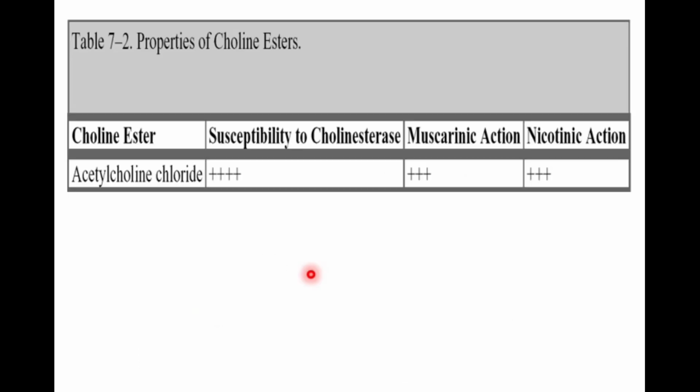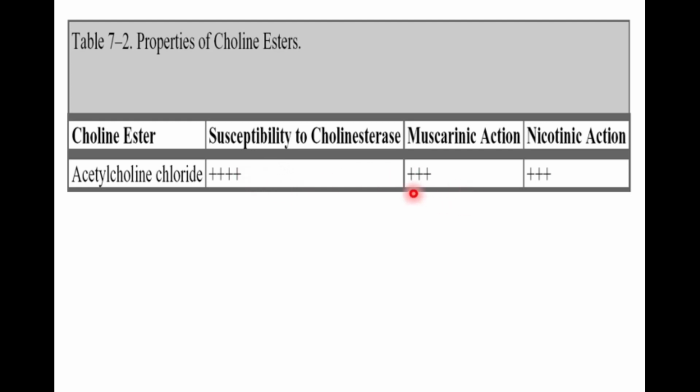In this table, properties of choline esters on susceptibility to cholinesterases, muscarinic and nicotinic actions are compared. Acetylcholine is rapidly hydrolyzed by cholinesterases and therefore has a very short duration of action.